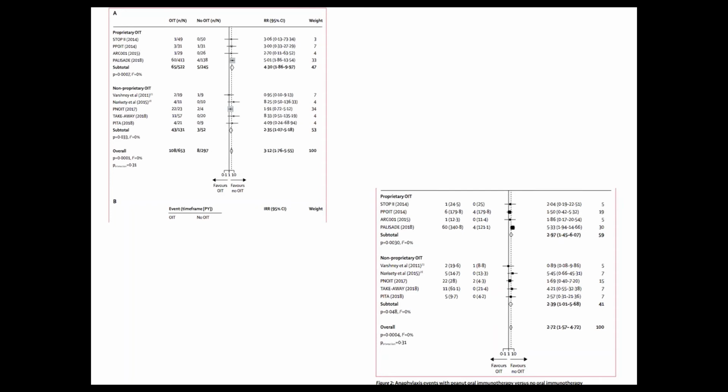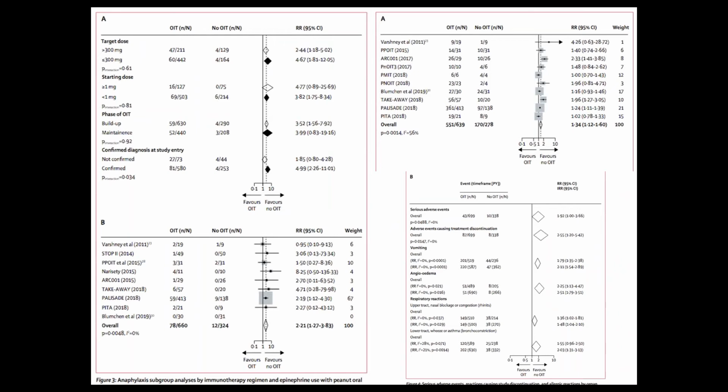And what we see here is that actually the results do not favor oral immunotherapy, abbreviated as OIT, which implies that for the general population, this strategy may not be the best of all ideas, although individual patients could possibly be helped. That's how I interpreted this paper.